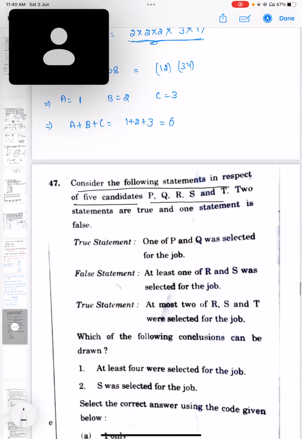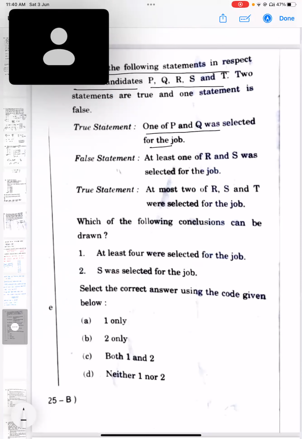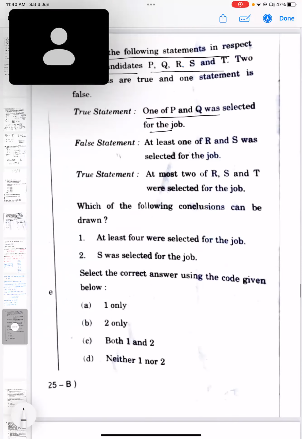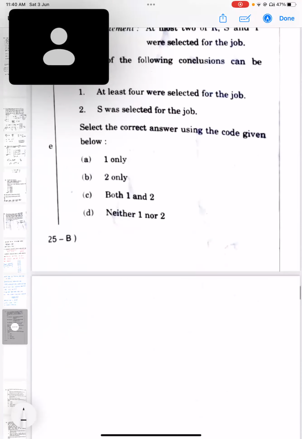One of P and Q was selected for the job.